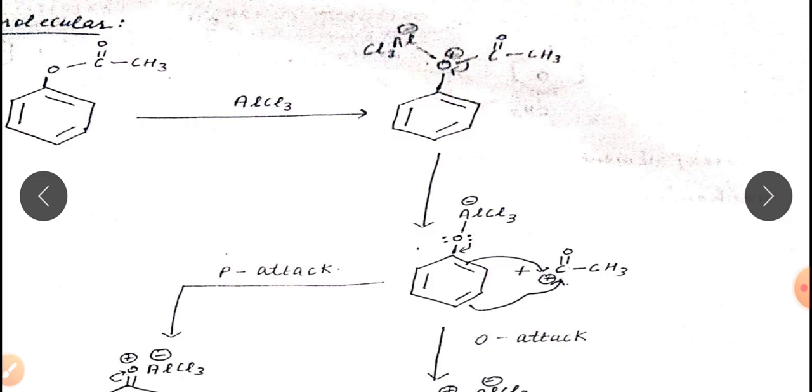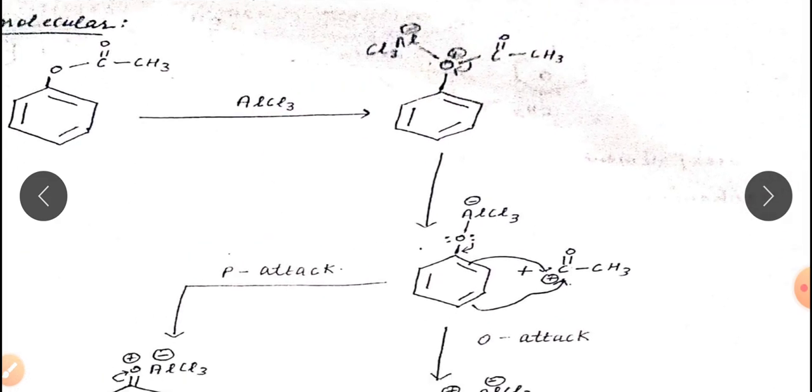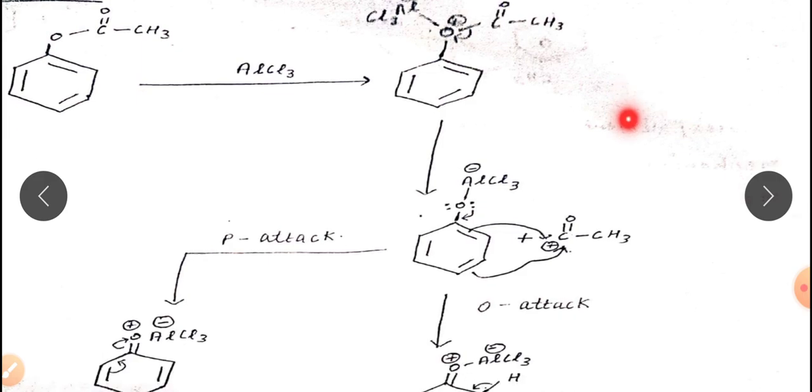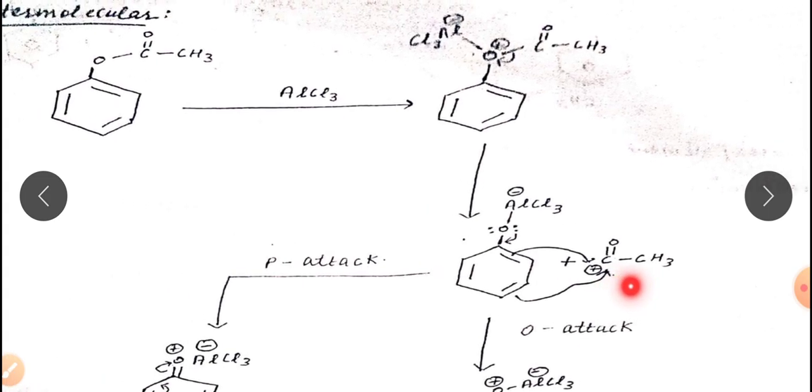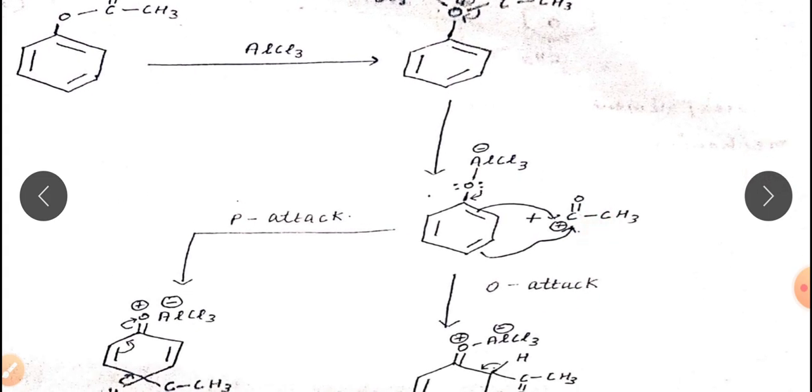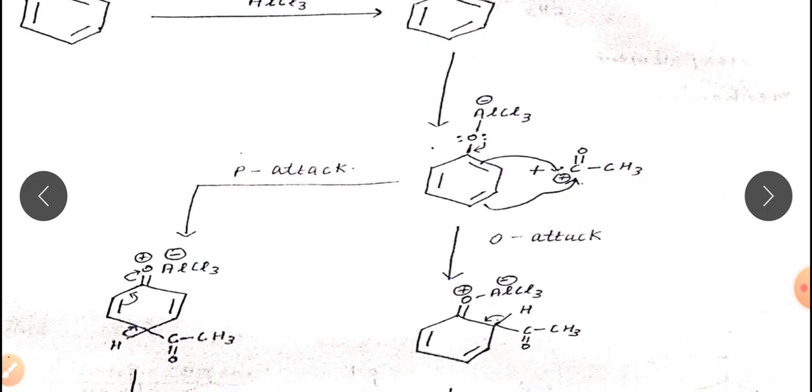First of all, AlCl3 will coordinate with the oxygen with the same mechanism as happened previously, and after this CH3 CO positive will be separated out. So the acylium cation will be synthesized, and on this acylium cation there will be ortho attack or para attack depending upon the reaction condition that we have taken.